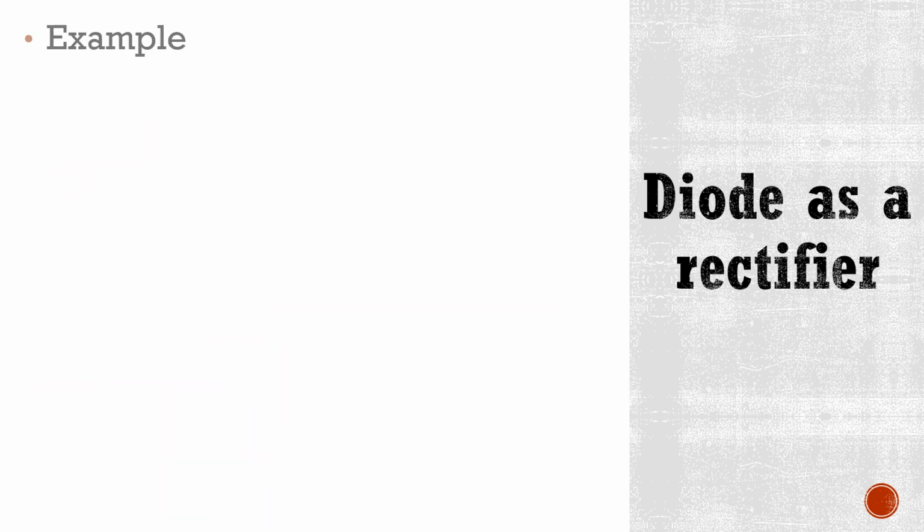Now look at this example. This is the circuit of a half-wave rectifier, where this is the load resistor RL, which is 1 kilo ohm. This is the diode and this is the voltage source.